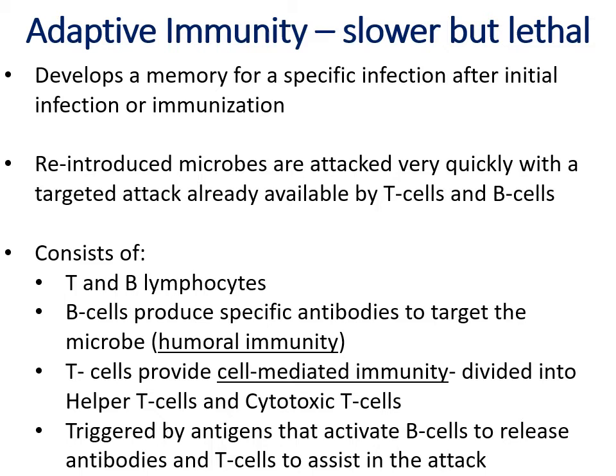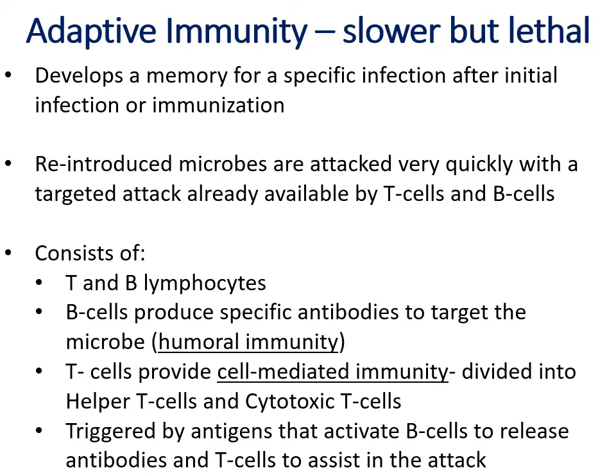So whether it's hepatitis A, hepatitis B, rabies vaccine, pertussis, diphtheria, mumps, measles, rubella, all we're doing is stimulating the adaptive immune system to protect against those particular infections. The adaptive immune system consists of T and B lymphocytes.